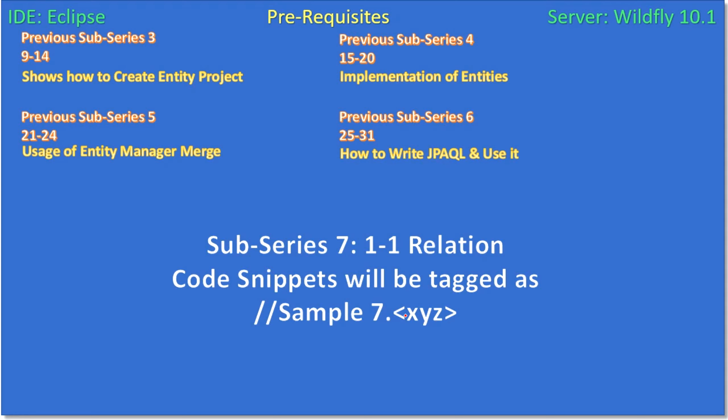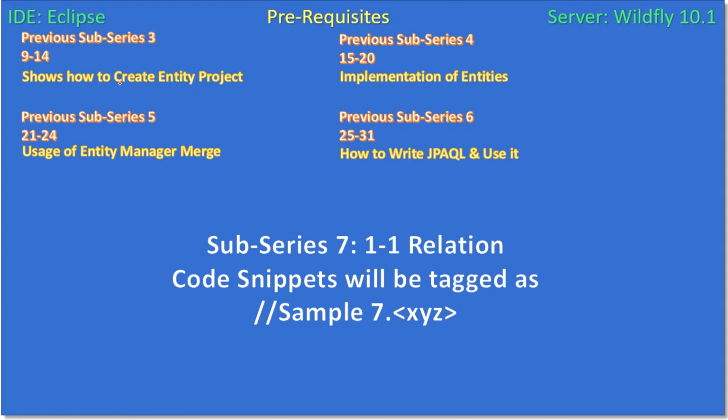For each subseries we are not creating a new project and redoing all the stuff which we already did. So it will be a continuing series, and if you have some expertise on JPA, then you can directly watch this video, or if you are seriously learning, then you can start from subseries 3 and follow from there.